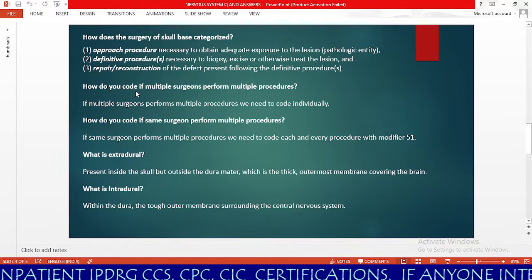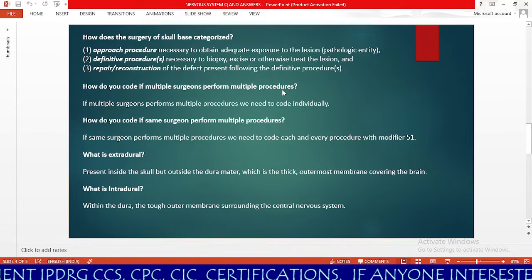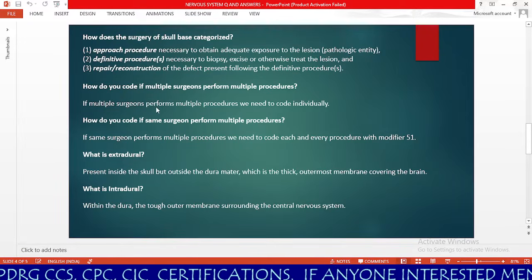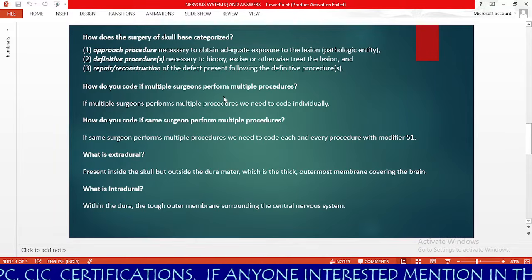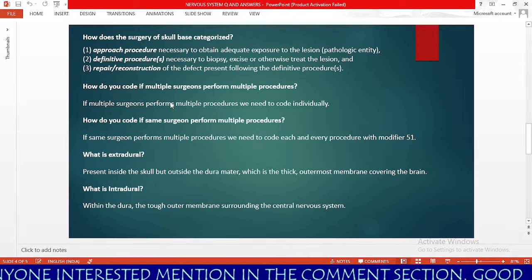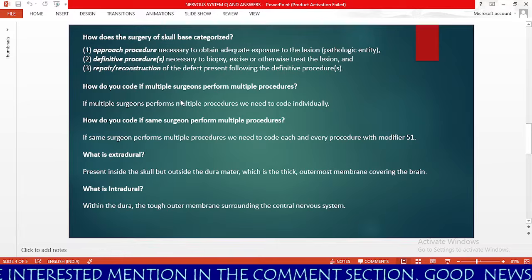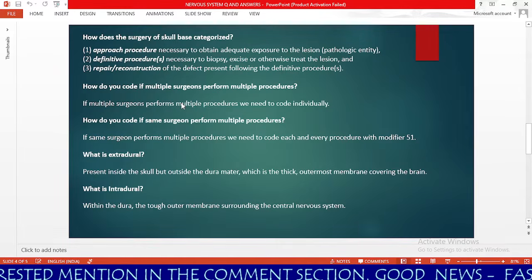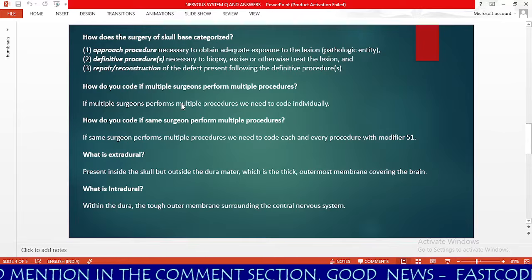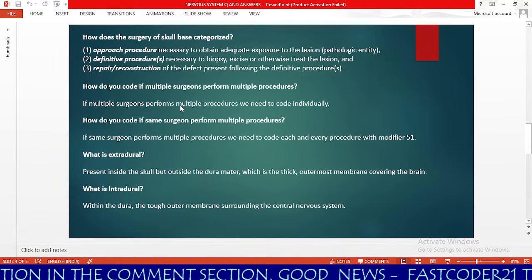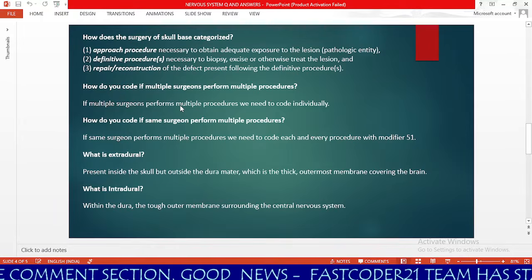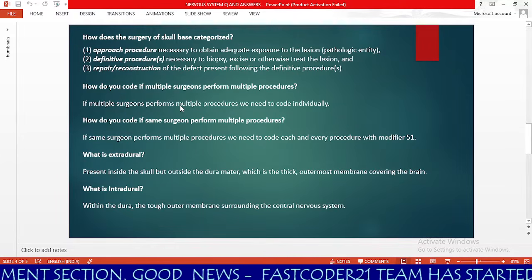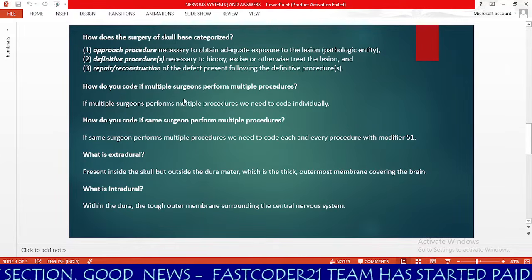Next one is how do you code if multiple surgeons perform multiple procedures. If multiple surgeons perform multiple procedures, we need to code individually. We need to check what specialties are present during that procedure and code for each and every surgeon. This is based on the client, so we need to follow the client guidelines for coding these types of procedures.